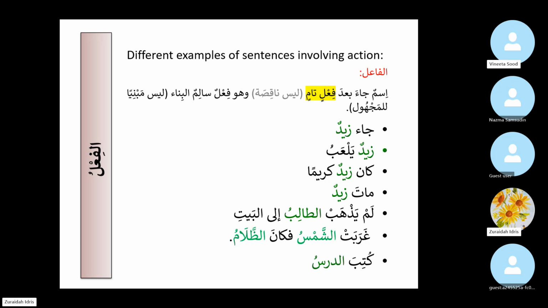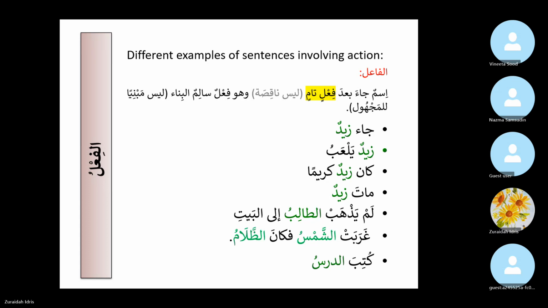Ila l-bayti, towards the house, so this is jar majrur. So lam yazhab t-talibu means the student did not go towards the house. Al-bayt is also another way the Arabs sometimes say home.